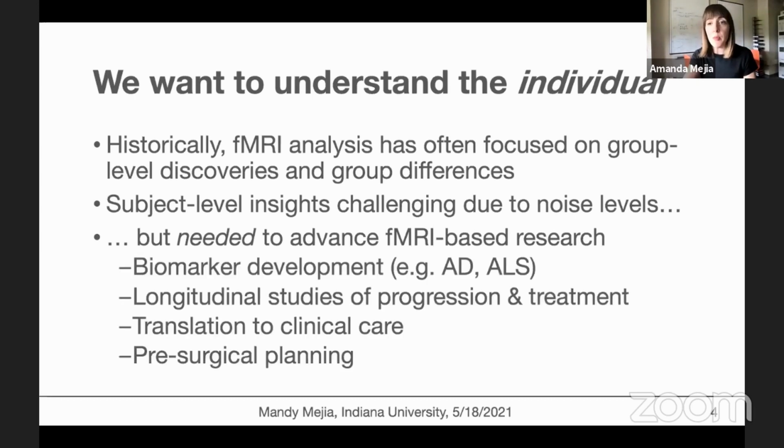And those include biomarker development, longitudinal studies of disease progression and treatment, development and aging, translation to clinical care, certainly, as well as pre-surgical planning. So these are all areas that represent a context where it's very important to extract accurate insights into subject level brain organization.